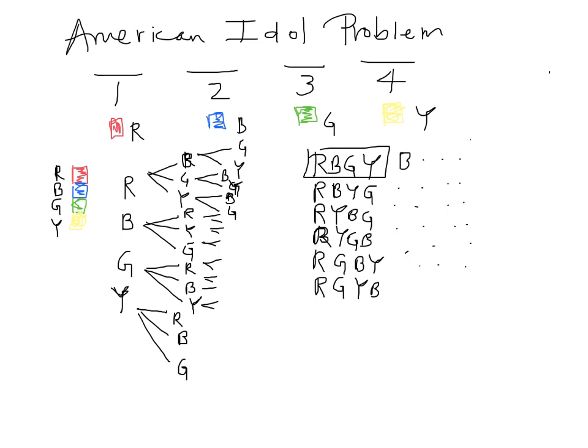You can figure out some different ways you can do this. But the main idea here is to figure out how many different ways we can order the 4 contestants. This basically goes back to what we did with the fundamental counting principle.